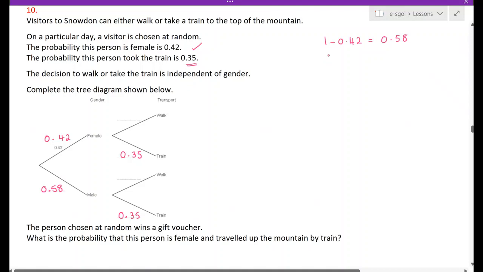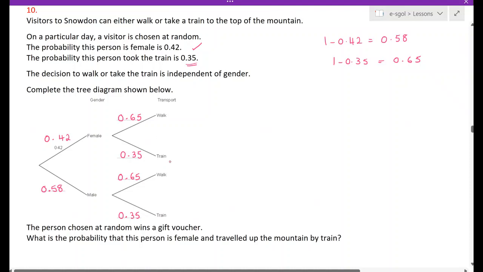So what I'm going to do with that one is I'm going to do 1 subtract 0.35. And when I do that, I get 0.65. So that means the chance of walking is 0.65. And again here, 0.65. And notice that the branches at the top here, they add to 1. And then we've got the same branches with the same numbers repeated down below.